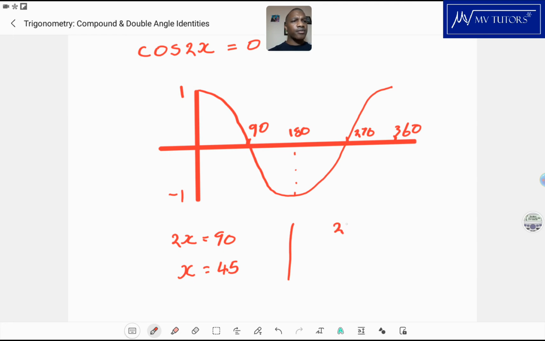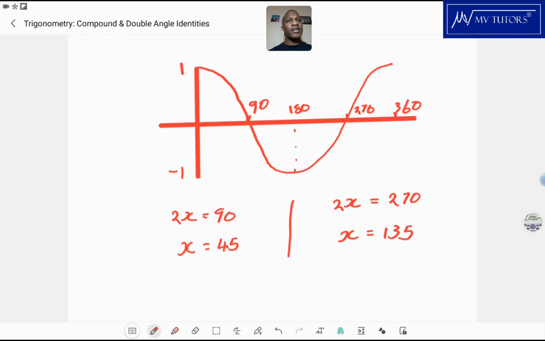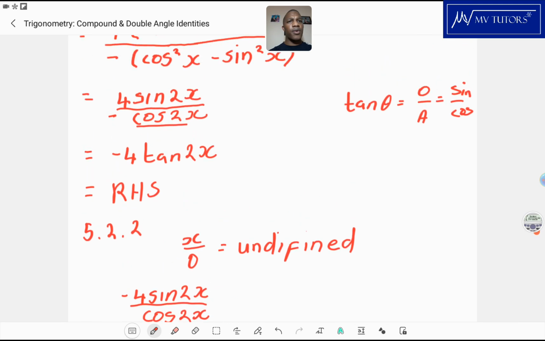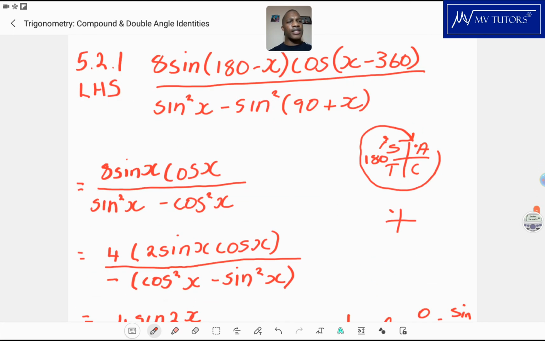Another place where the graph is equal to 0 is at 270. If we divide by 2, then we get 135. But now check this out. The question actually said in the interval 0 to 180.